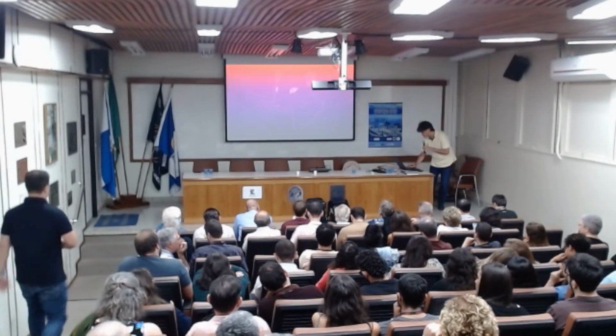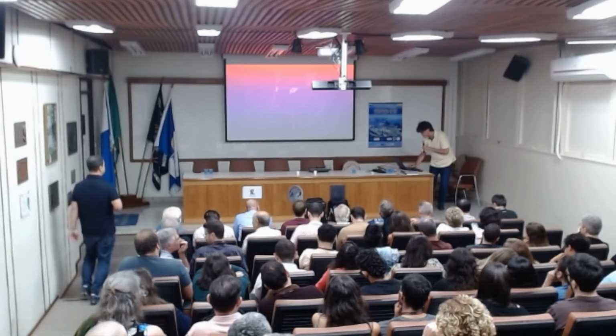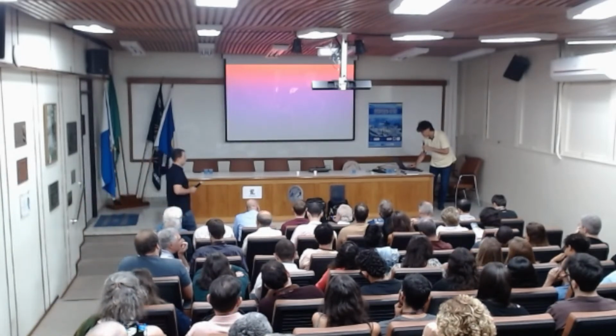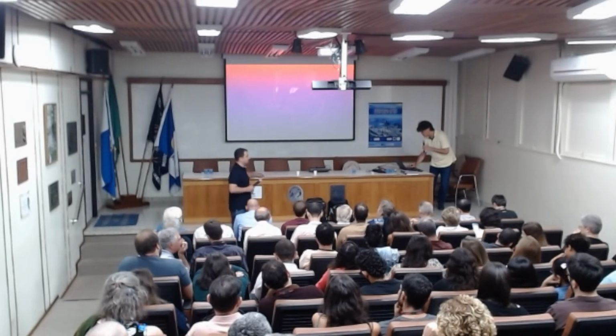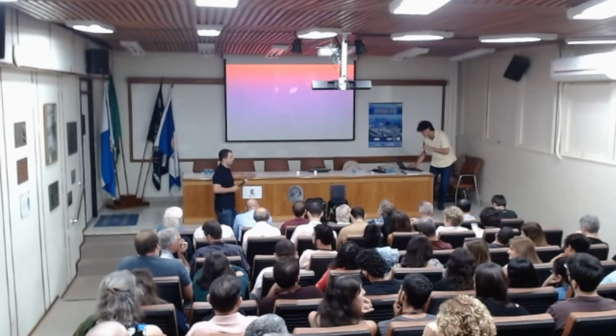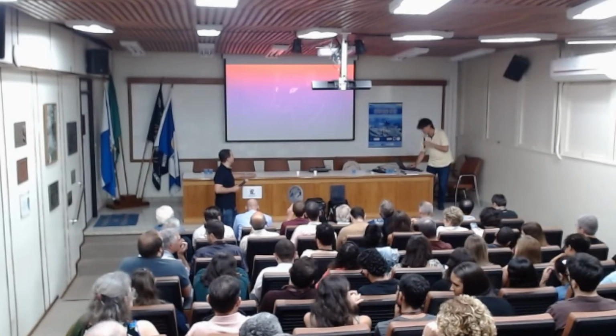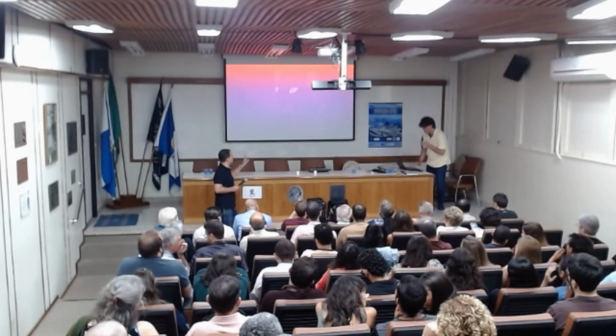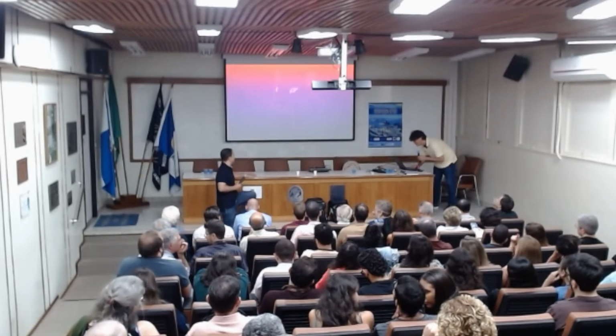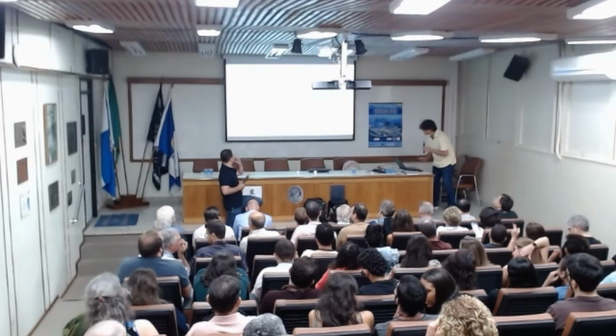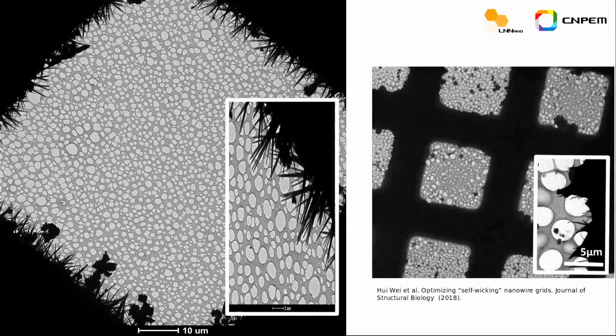So the needle-like structures you're saying are probably the self-wicking grids here. That's what I mean. Oh, there's a cat there. Okay. So that's what you mean, right? So this is actually on the grid. This is to create a sort of sponge on the grid.